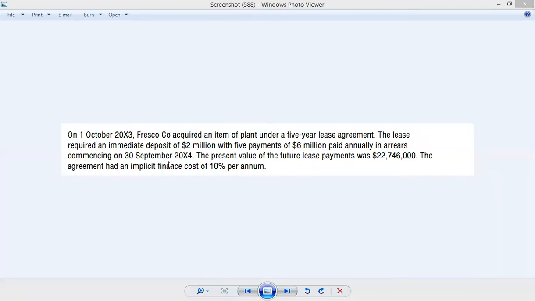Okay, now you are taking this particular question. You are using both methods, the actual method and the sum of the digits. So you are looking at this.